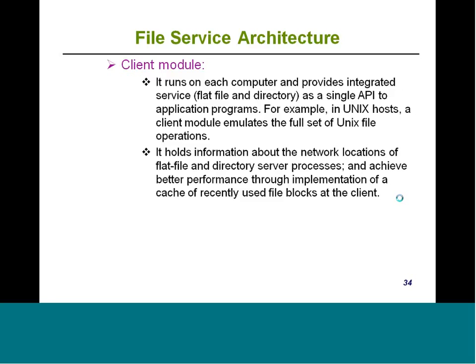On the Unix side, it emulates the full set of Unix file operations, like open, close, and all those things that we saw earlier. All of these services are provided by the client module. It also holds the information about the network locations of the flat file and directory server processes, so that it can go to those directory servers and access those files very easily.